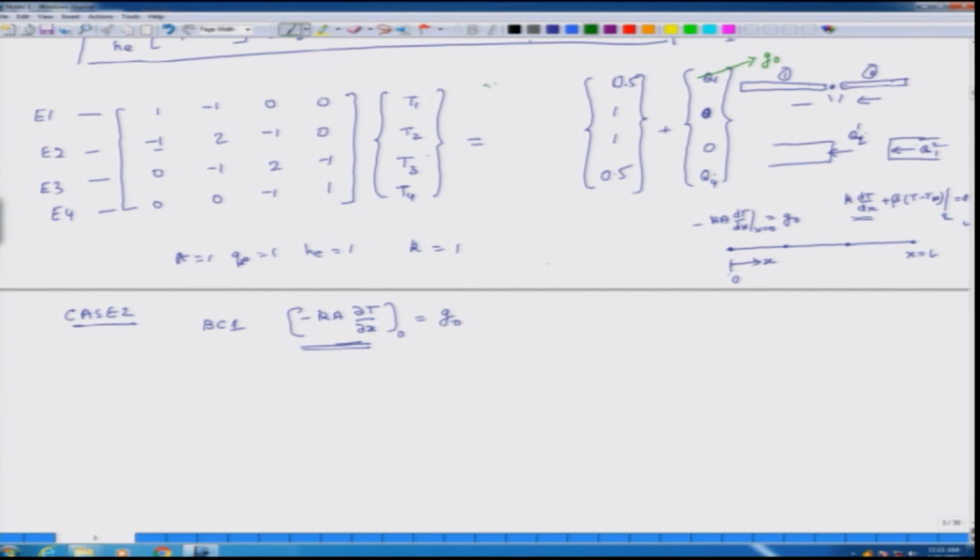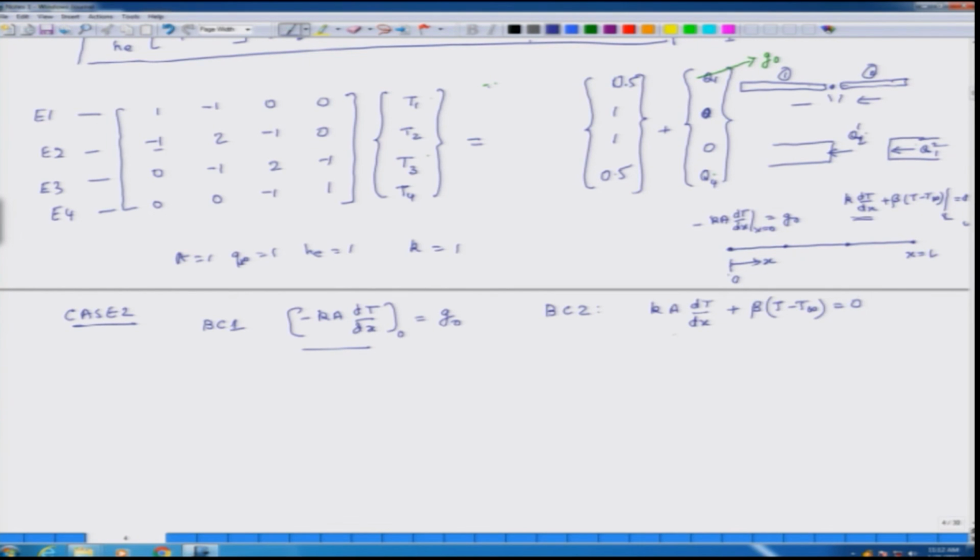The second boundary condition BC2 is K A, and I think I messed it up, this should be the complete total derivative dt over dx plus beta times T minus T infinity equals 0.